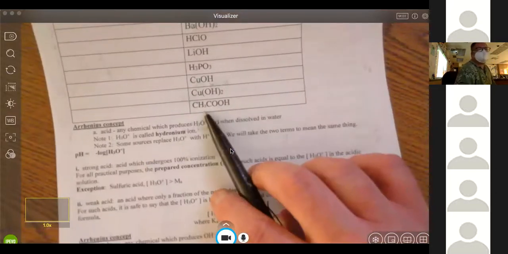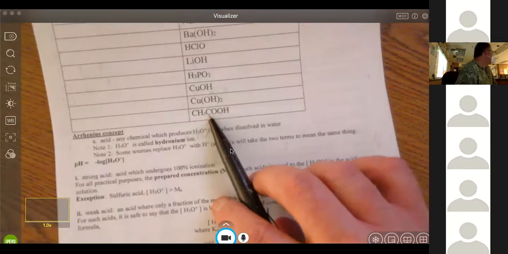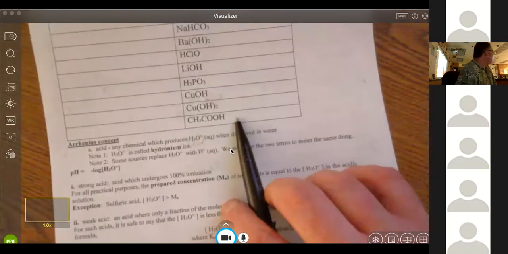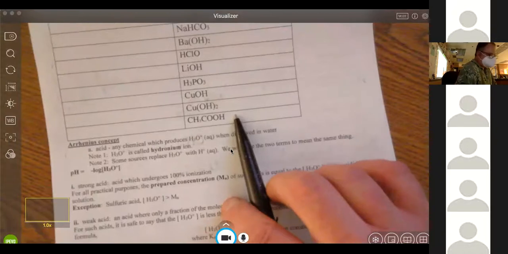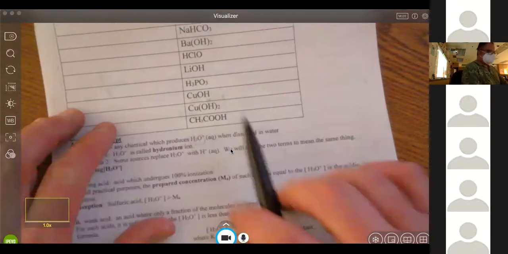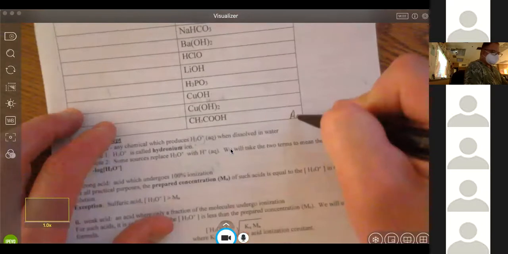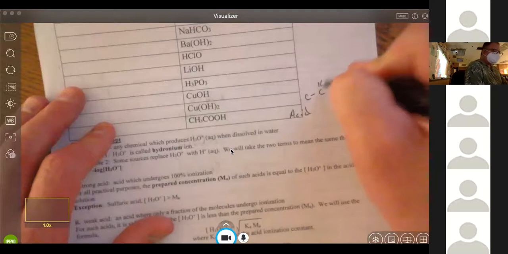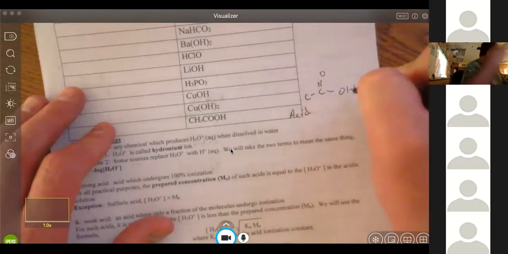So what is this last one? What is the last one here? Acid or base? It is an acid. Good. It's an acid because it increases the what?